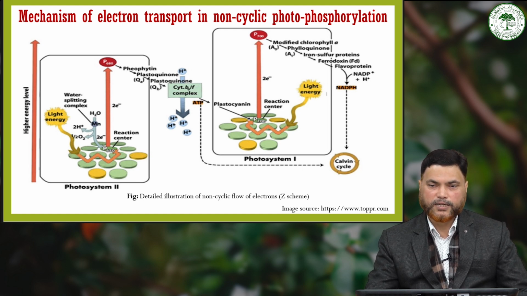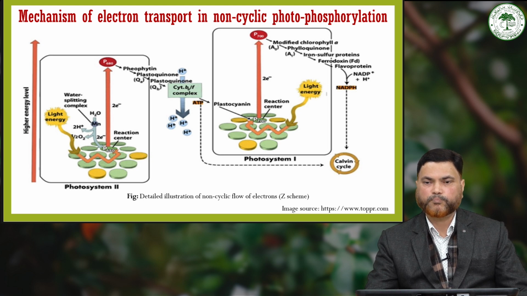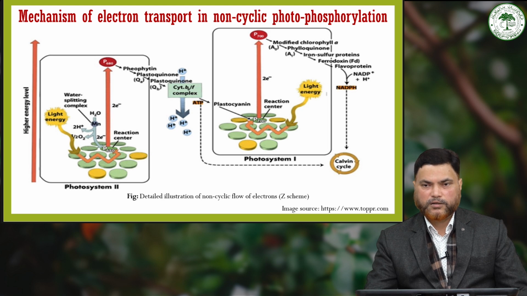Now, the excited electron is then transferred to the primary electron acceptor of PS1, denoted as A0, which is a modified chlorophyll molecule. This process results in the oxidation of P700, allowing it to act as an electron acceptor by accepting an electron from the plastocyanin.